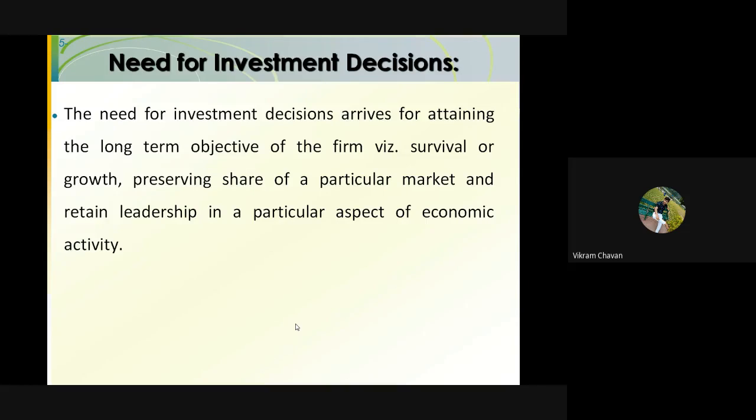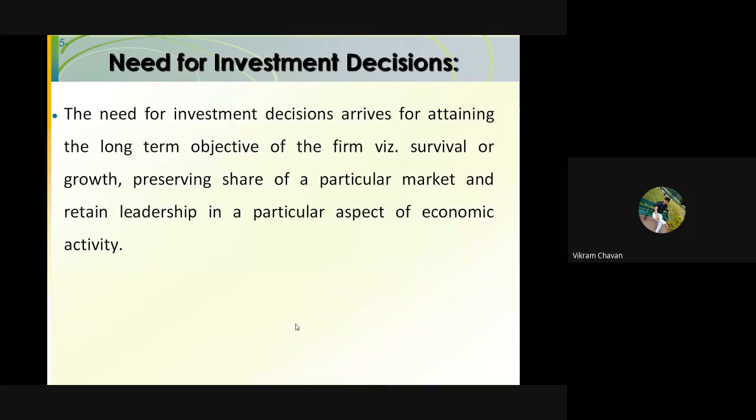Getting my point, everyone? Why is investment decision required? Is there any question related to this point? Whether you understood or not, please mention in the chat box. If not, you can ask a question, or you can note down this particular point: need of investment decision. Getting everyone?